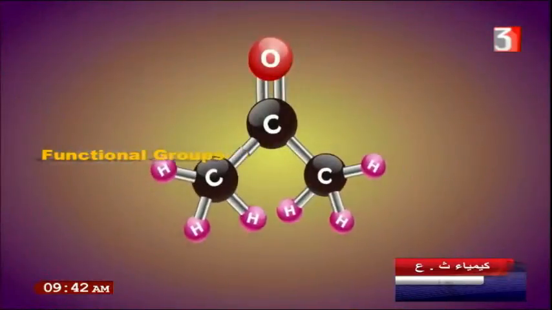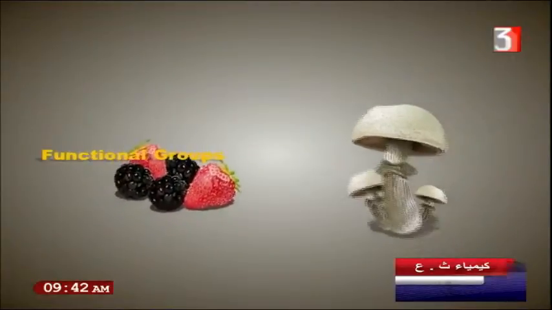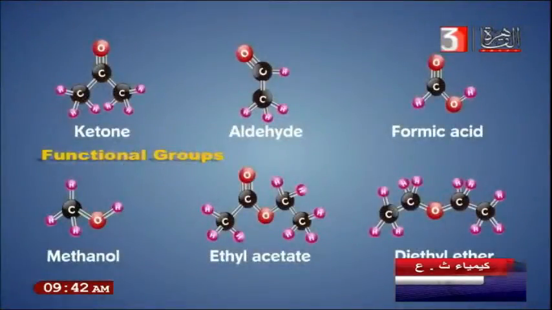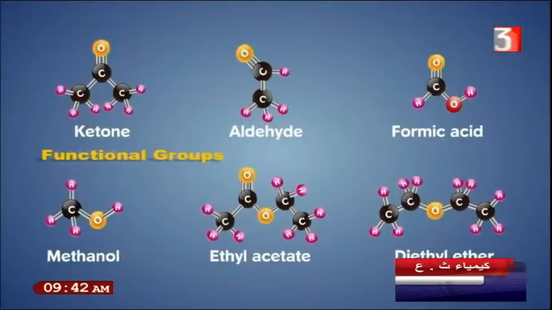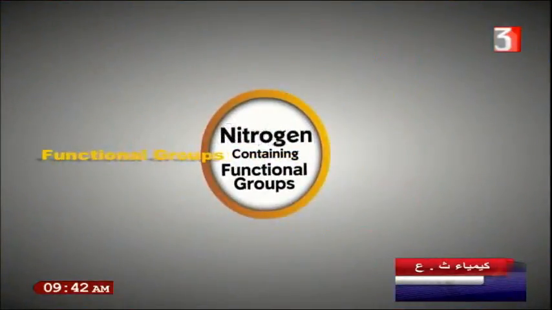If I replace it by C double bond O, it is a ketone. Ketone, C double bond O, as found in cherry and mushroom. Very important: ketone, aldehyde, formic acid, diethyl ether, ethyl acetate, and methanol. Everyone differs according to functional group.